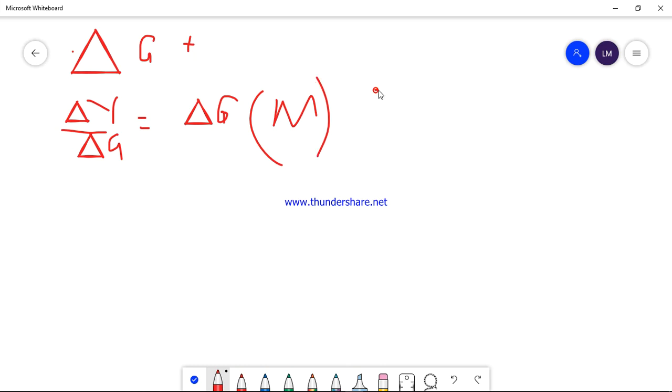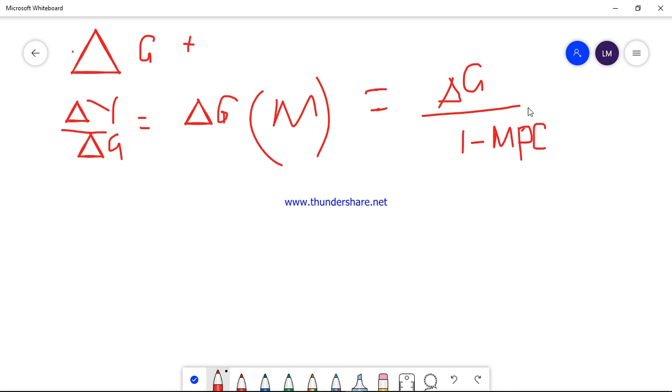And this is equal to the change in government expenditure divided by, what is the formula for the multiplier? It's going to be something like this.